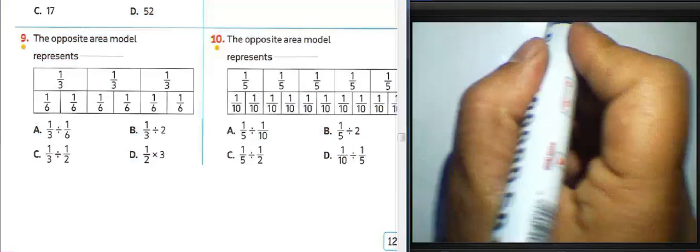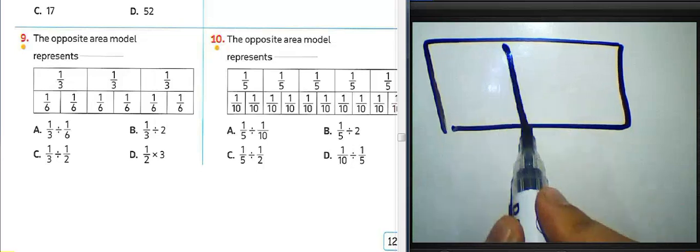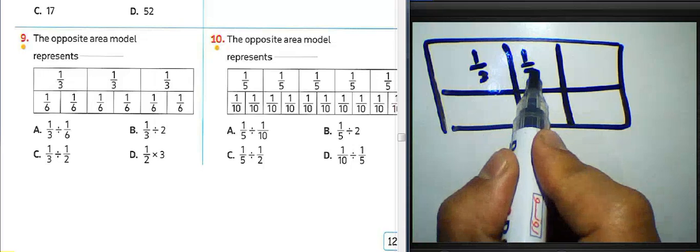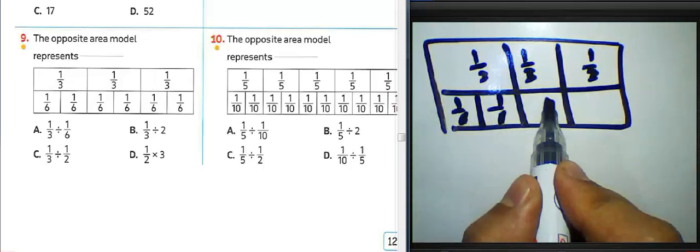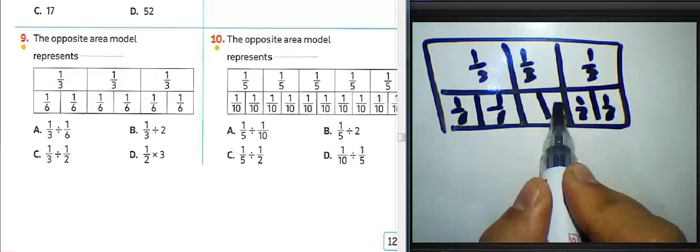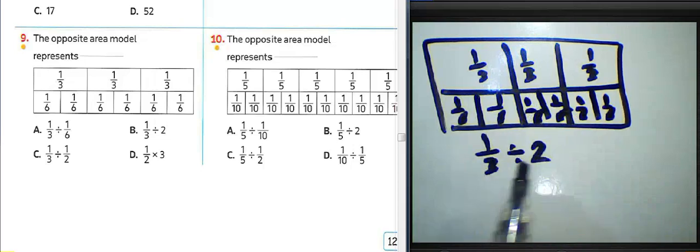We can draw a rectangle divided into 3 parts, 1 over 3, 1 over 3, 1 over 3, and each divided into 1 over 6 parts. It means 1 over 3 divided by 2.